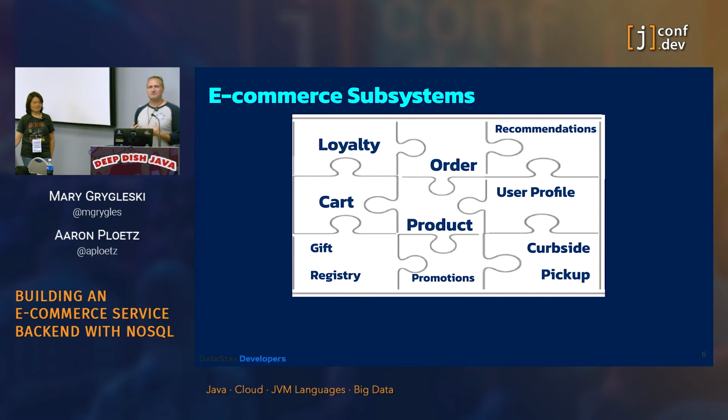So, when you're building a website that you're hoping to make money with, there's a lot of components that go into it. You can have loyalty programs, gift registry. You can do something fancy with promotions and how to reach your customers.